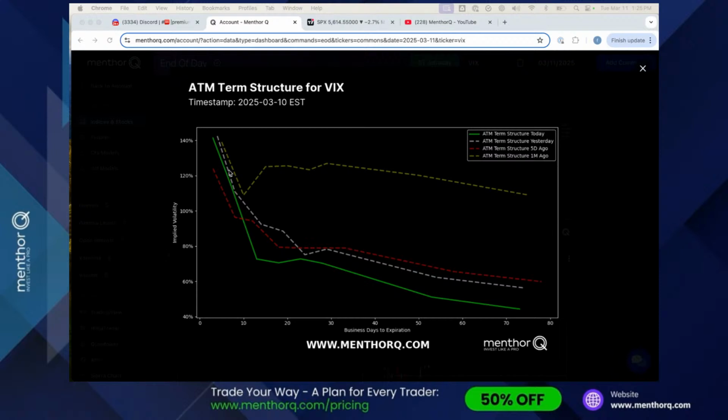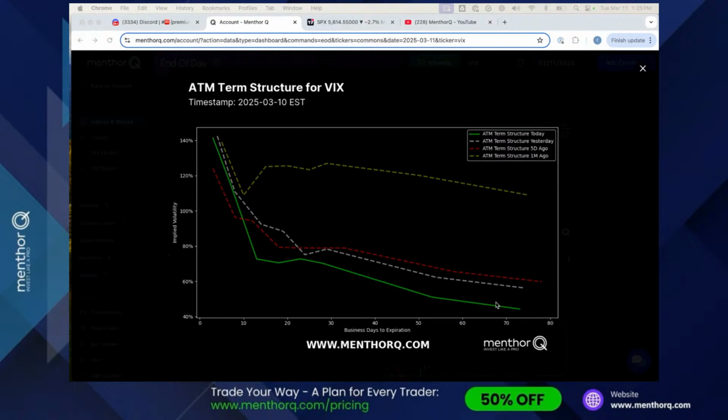Look at how backwardated it is. You see a relatively normal one up on top, and the front end is way higher than the back end. That's not normal. Even a month ago, the term structure was a little funky, a little stretched, but now the front end is way elevated.